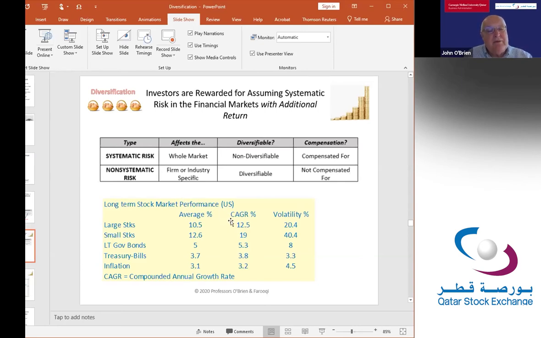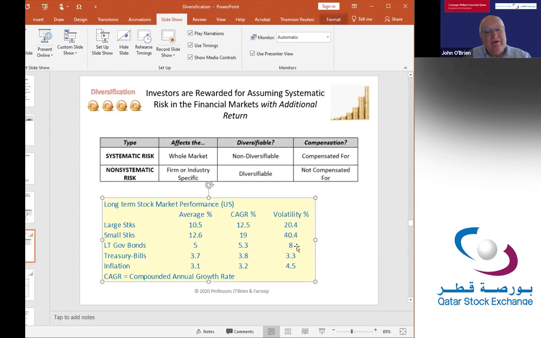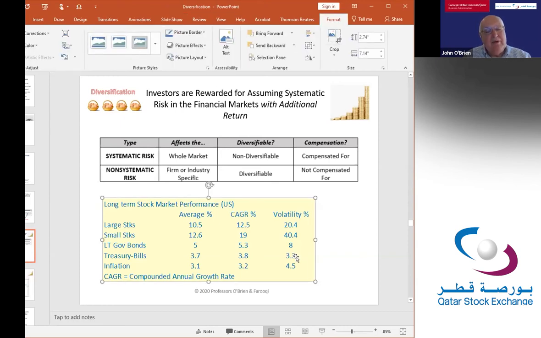What do we see? Well, we see that small stocks are the riskiest of the whole lot. They've got a 40% annualized volatility. That's pretty high. Large stocks have a 20% annualized volatility. Long-term government bonds only have an 8% annualized volatility, and Treasury bills only have a 3.3% annualized volatility.